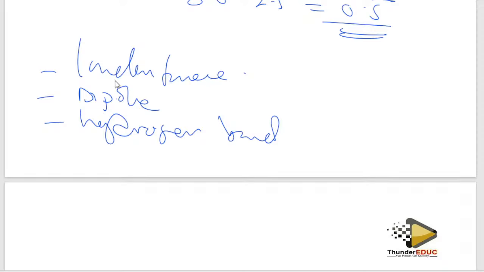Guys, London forces are weak. Dipole forces are stronger than London forces, but hydrogen bonds are stronger than dipole. You have to know that. So a compound which has a hydrogen bond will have a higher boiling point and a higher melting point. You have to know that.